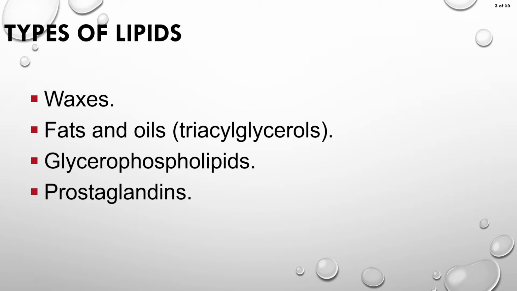Then we have the prostaglandins. The prostaglandins are a group of lipids made at sites of tissue damage or infection that are involved in dealing with injury and illness. So if you feel pain, or you have fever, the responsible lipid is the prostaglandin.